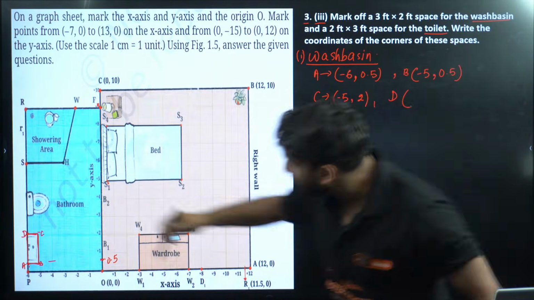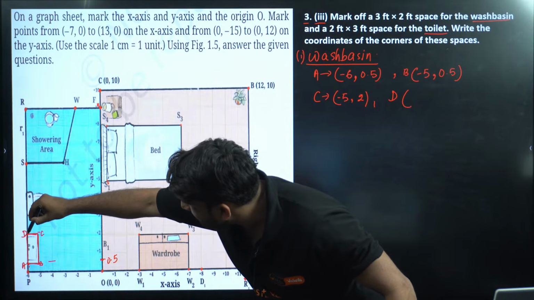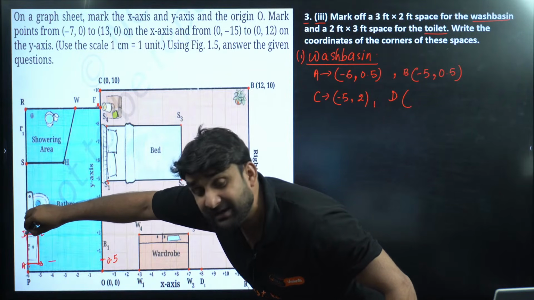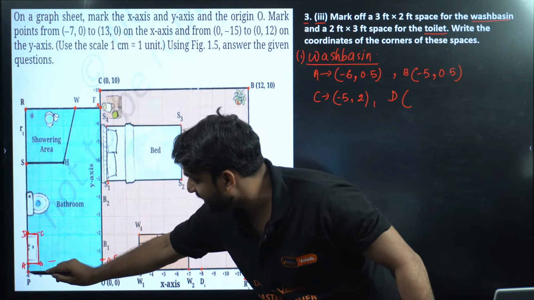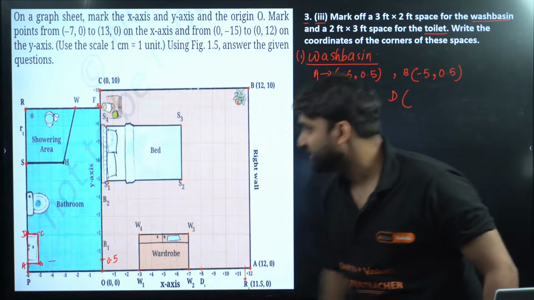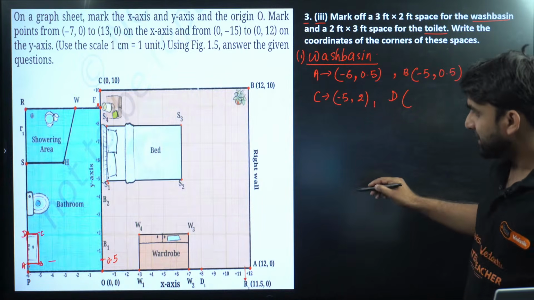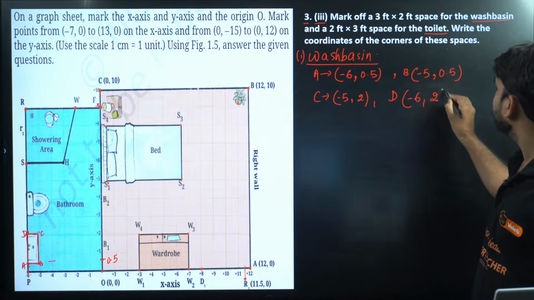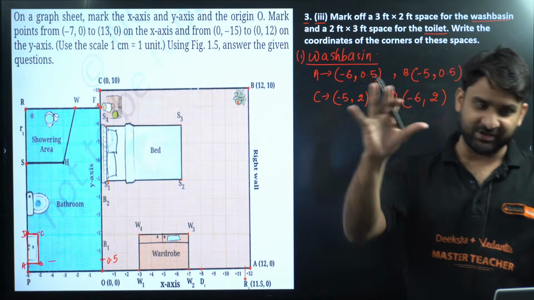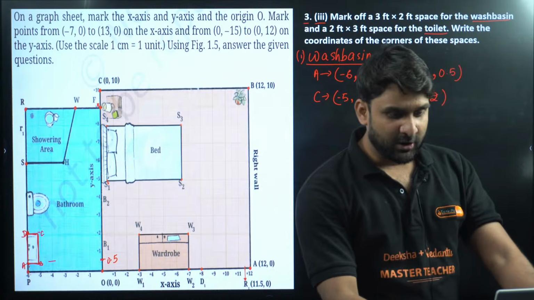Now moving to the D coordinate. So what will be the D coordinate? This is the D coordinate, it is on the y-axis, and here the x coordinate is -6, and this is the y coordinate, so we can write here -6, 2. These are the 4 coordinates of the vast basin area.